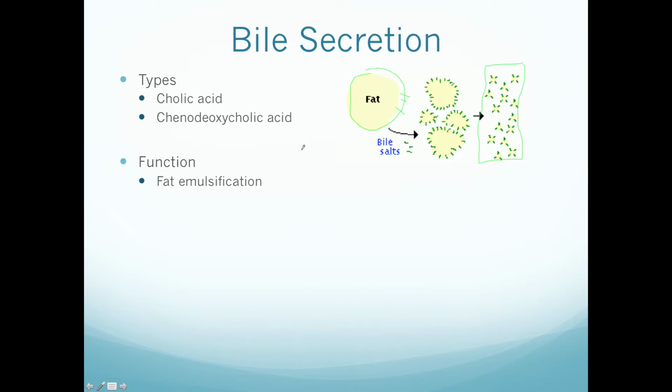So the stool is very smelly, we call that malodorous. So it smells really bad. It's difficult to flush. It's oily. And you can physically see these globs of fat on the top of the water because you guys know oil and water don't mix. So it looks like oily water. If you've ever seen oil in a puddle, that's what it looks like.